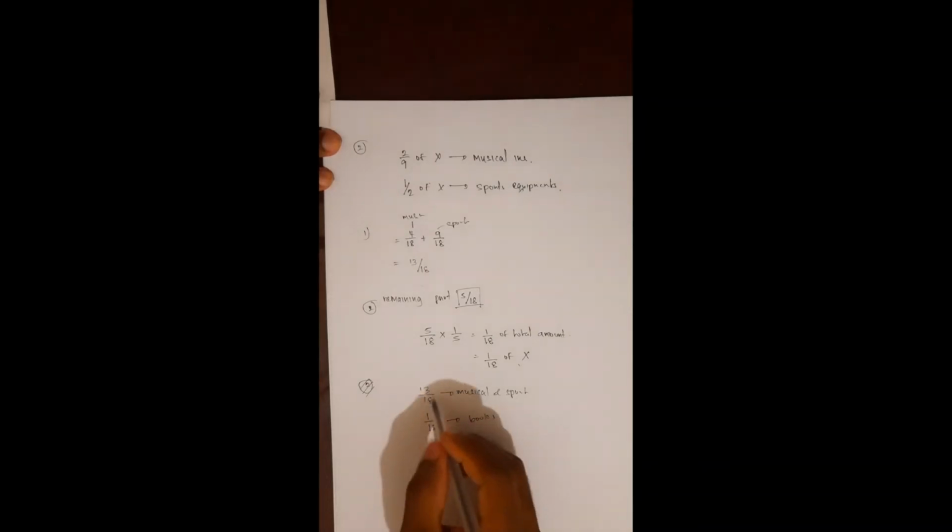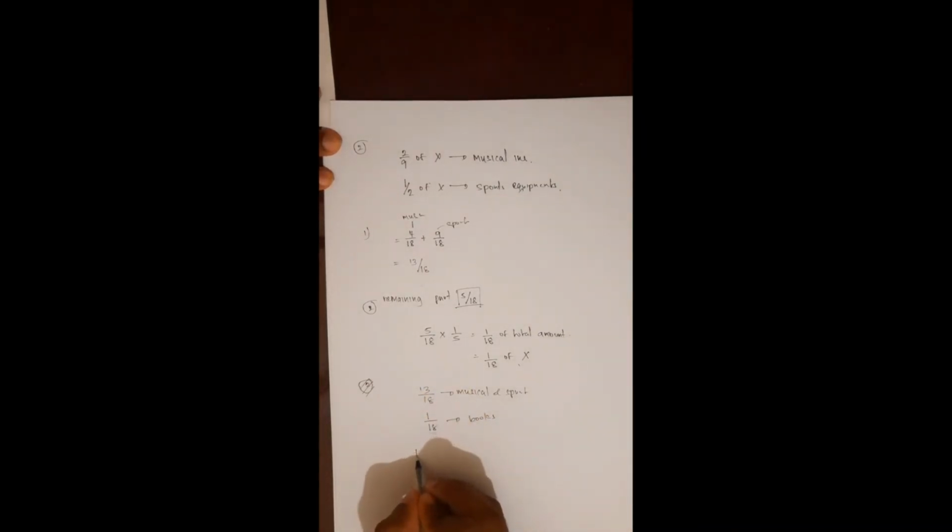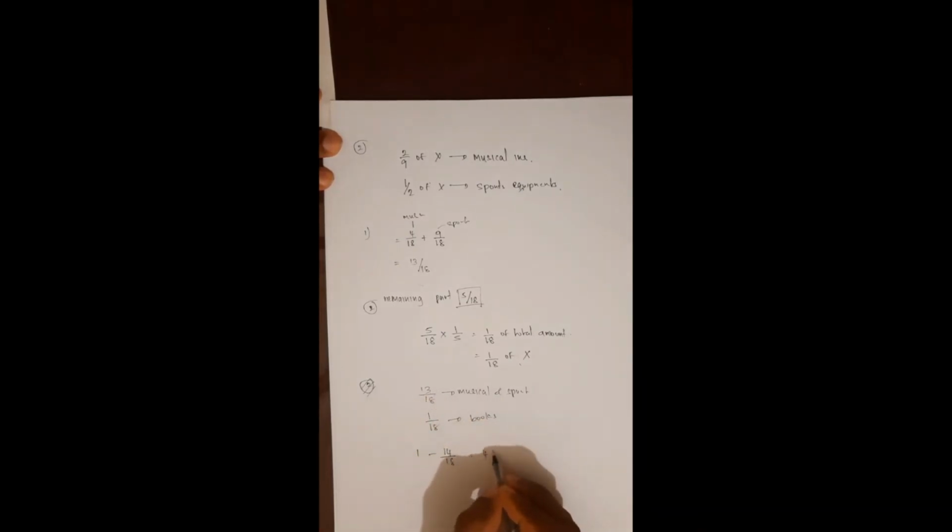So what is the remaining of total X? That is 1 minus the addition of this, that is 4 over 18. This is the remaining fraction that is there.